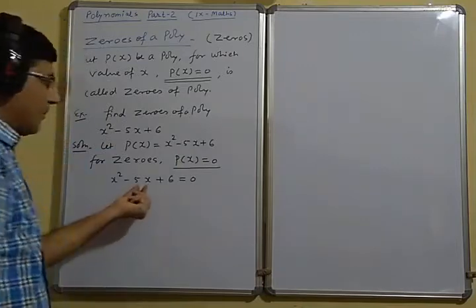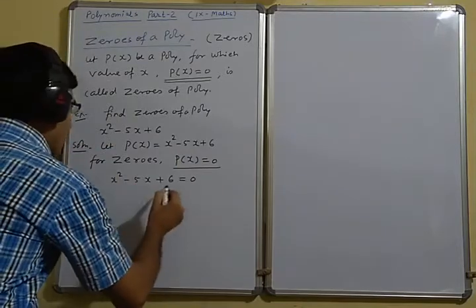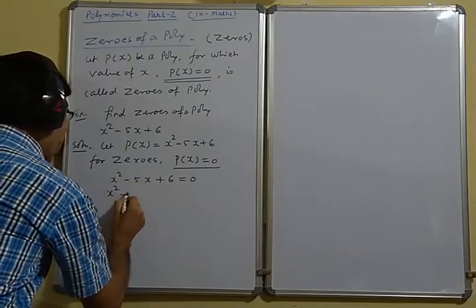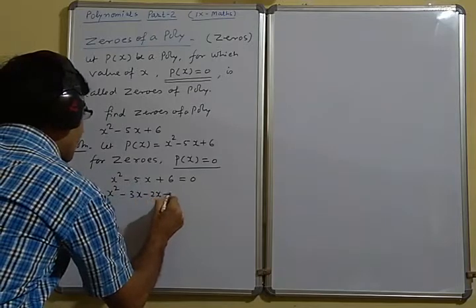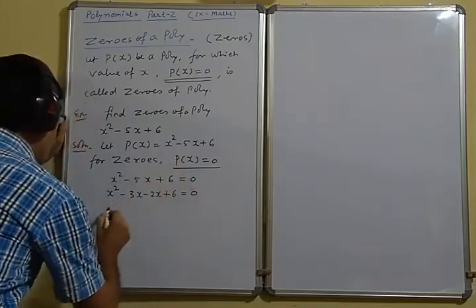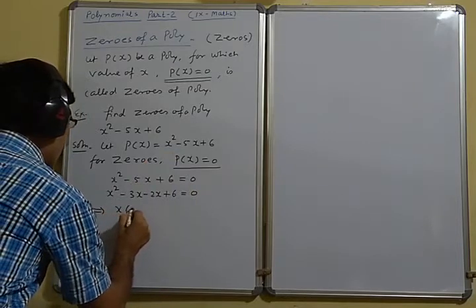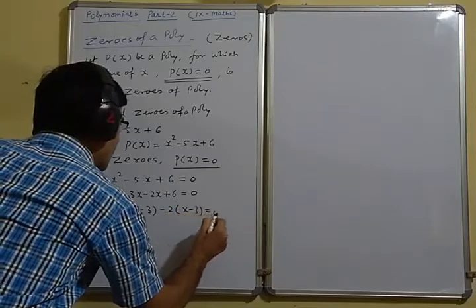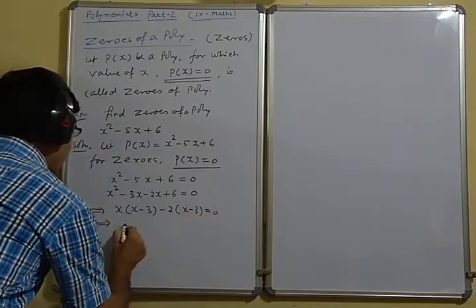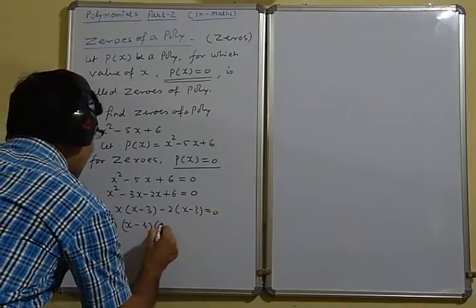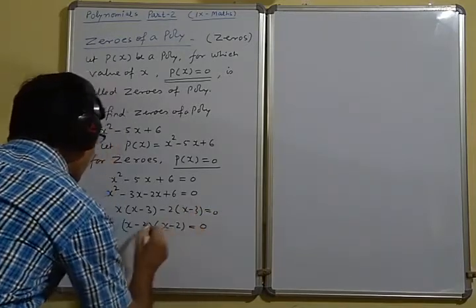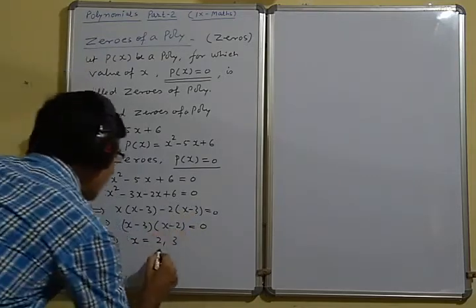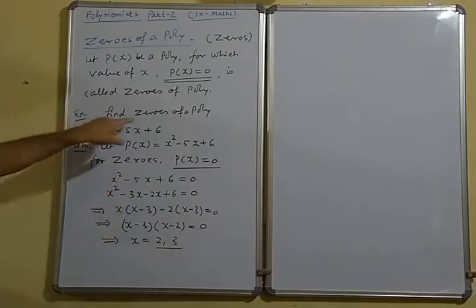By splitting the middle term, 6 is 3 into 2, so x squared minus 3x minus 2x plus 6 is equal to 0. This implies x(x minus 3) minus 2(x minus 3) is equal to 0. So (x minus 3)(x minus 2) becomes 0, which implies x is equal to 2 and 3. Here we will get two values.